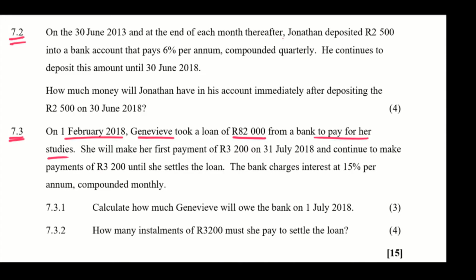She will make her first payment of 3,200 rands on the 31st of July 2018 and will continue to make payments of 3,200 rands until she settles her loan. The bank charges her an interest rate of 15% compounded monthly.